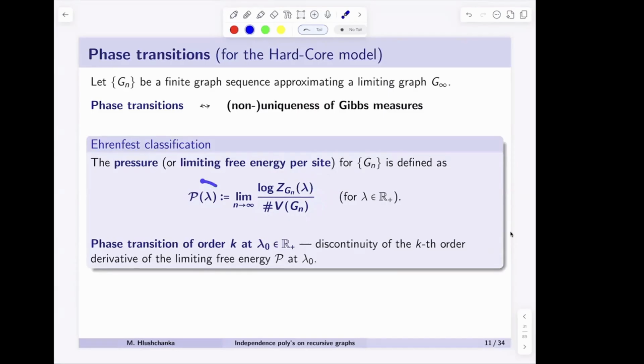This function is called the pressure, or the limiting free energy. We say that the model has a phase transition of order k if this pressure function has a discontinuity in its k-th order derivative. So today we'll be understanding phase transitions in terms of the analyticity properties of this pressure function.